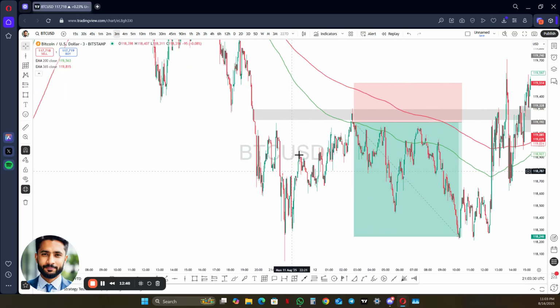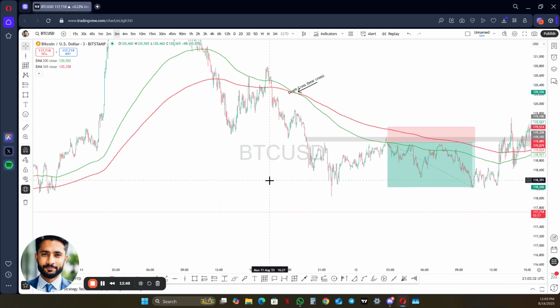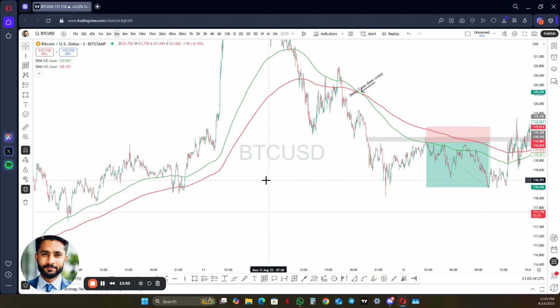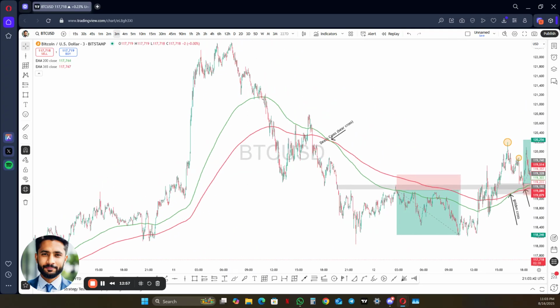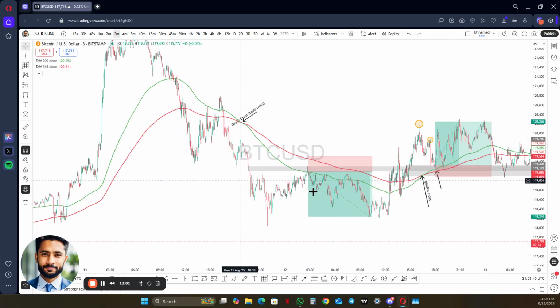Very simple, very easy to use, but wait for confirmations. Don't jump into the trades. And trail your stop loss along the way if you want. For scalps, I prefer using time frames between 1 to 5 minutes.